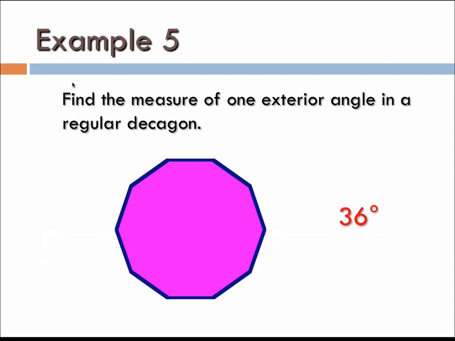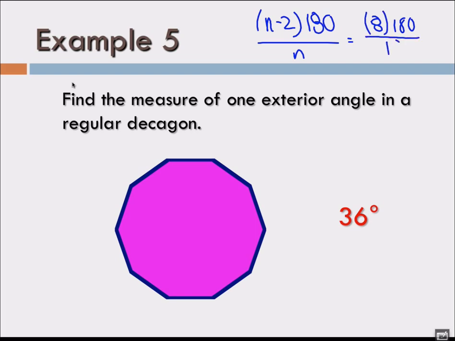Just for giggles, find the measure of one interior angle of the decagon. 144. So now knowing the exterior angle gives us two ways to solve that problem. Before the exterior angle, you would have used the corollary, n minus 2 times 180 divided by n, which is 8 times 180 divided by 10, giving 144.